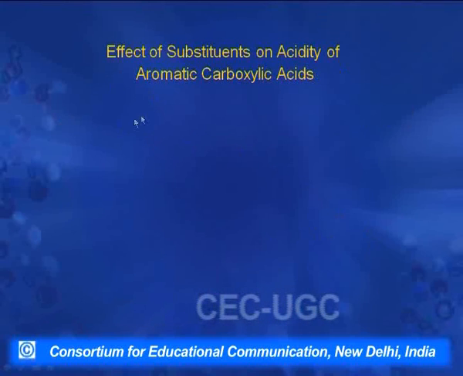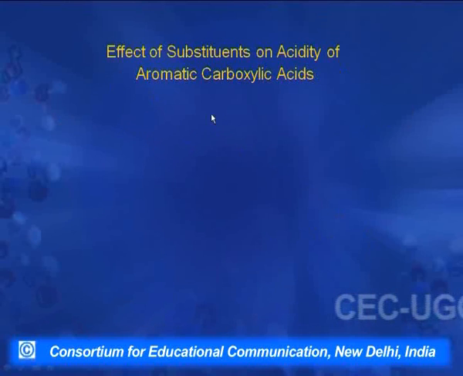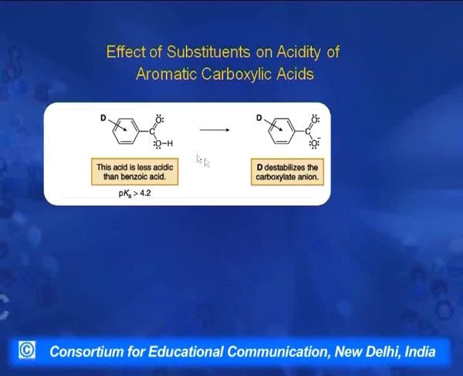Now let us take up some aromatic carboxylic acids. This is any aromatic carboxylic acid, and obviously this will be the anion, and it might have any substituent on the ring.